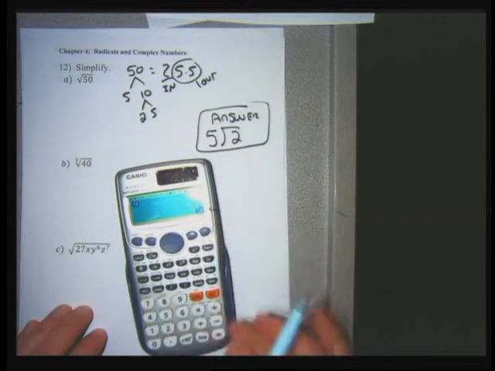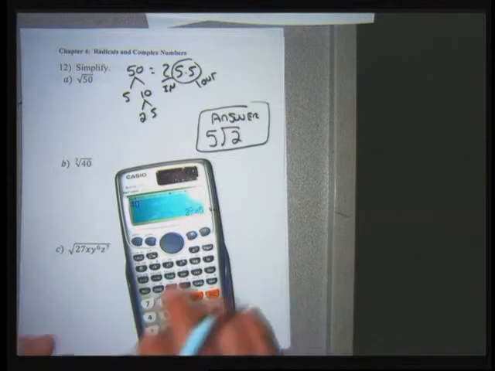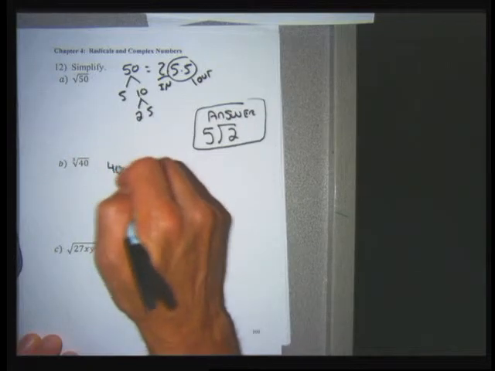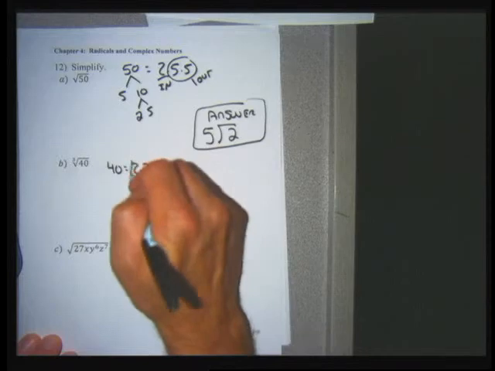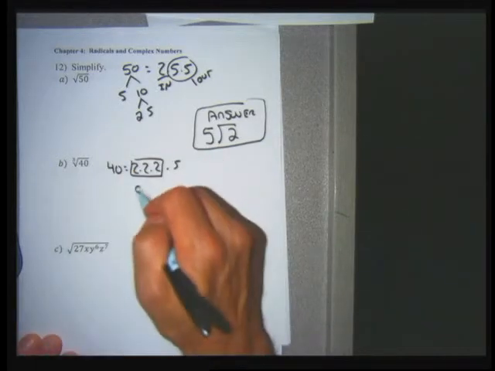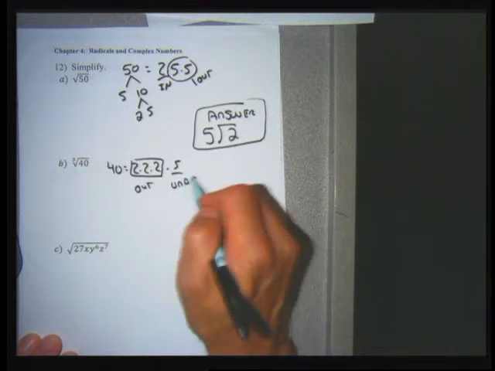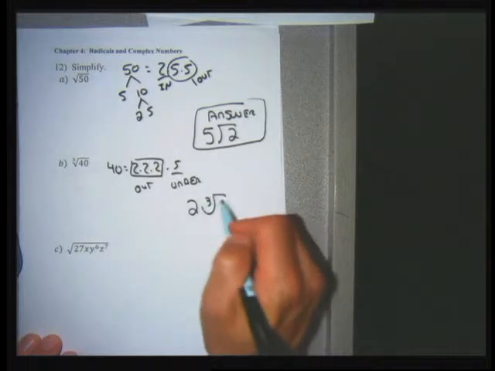So I did 40 and equals, and then shift and factor. And that tells me it's 2 cubed times 5. So 40 is equal to 2 times 2 times 2 times 5. And in a cube root, every time you get 3 of a kind, you get 1 out front. And anything less than a 3 of a kind stays under. So in this problem, I'm going to get 2 times the cube root of 5.